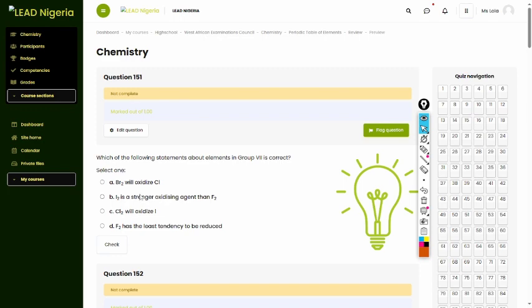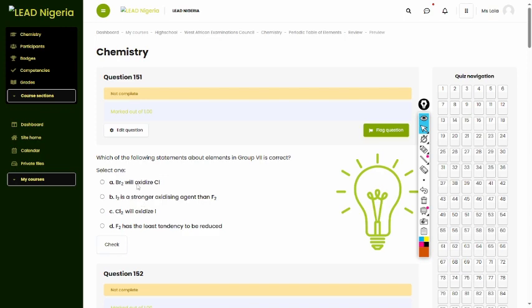Comparing the halogens, fluorine has the strongest oxidizing ability, and as you go down the group, the oxidizing ability decreases.